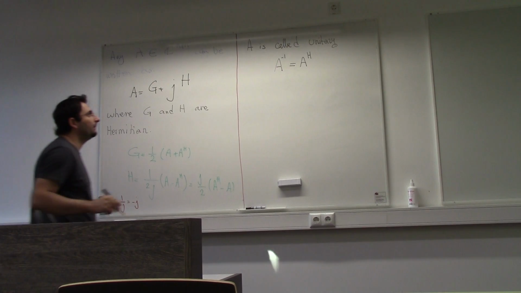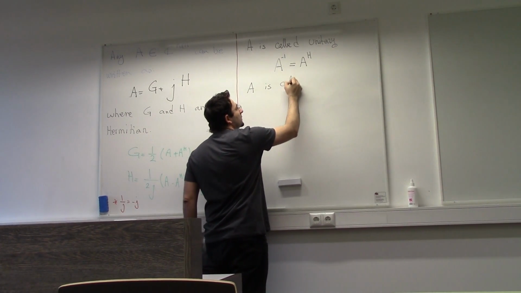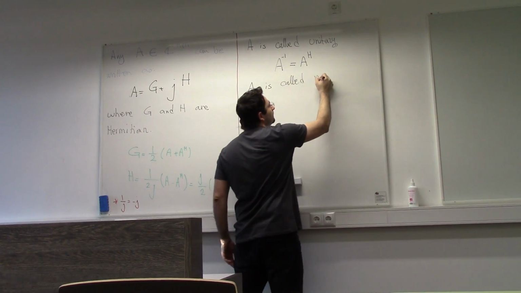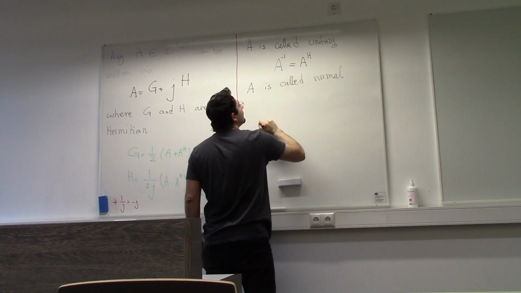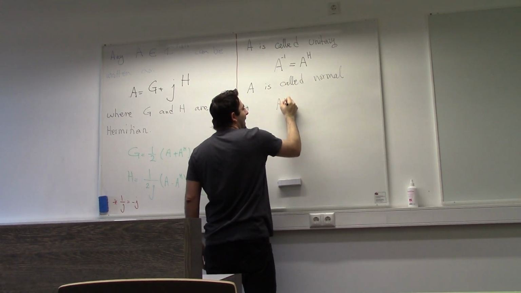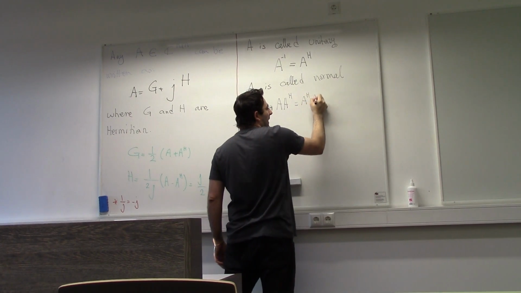And A is called normal if A A Hermitian is equal to A Hermitian A.